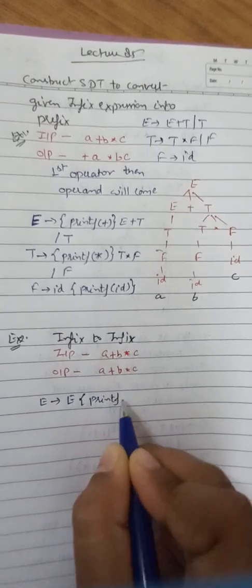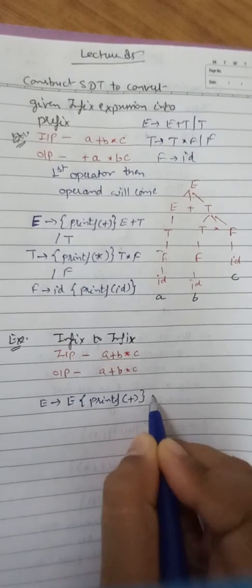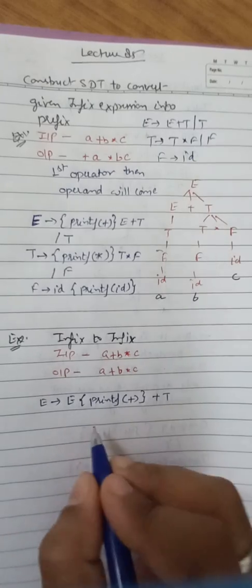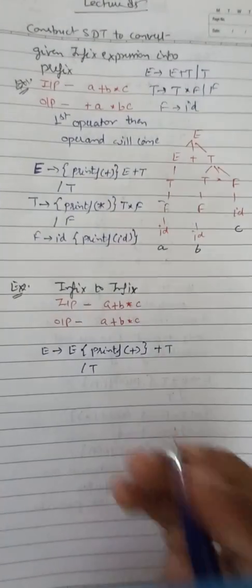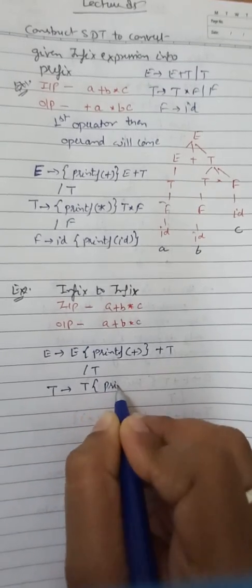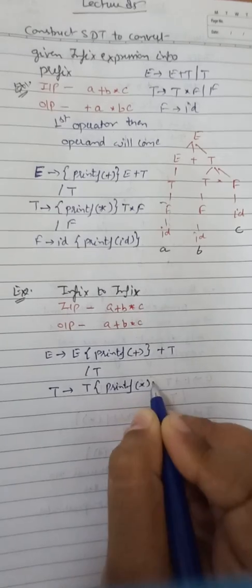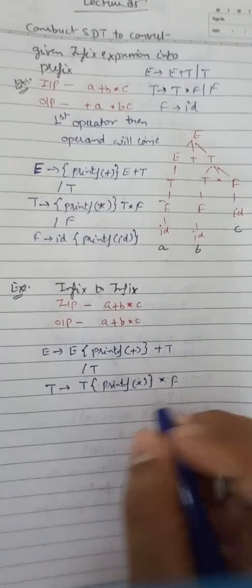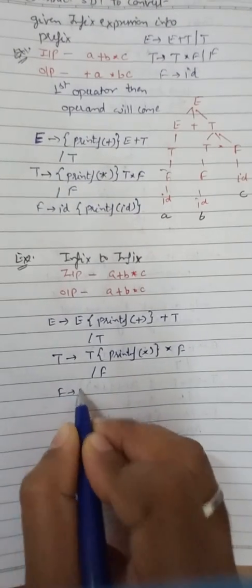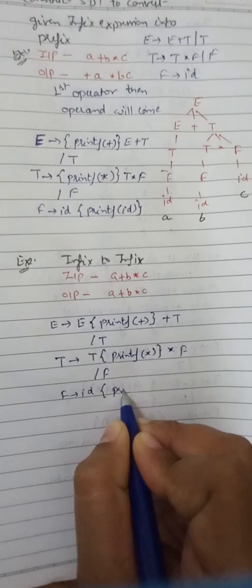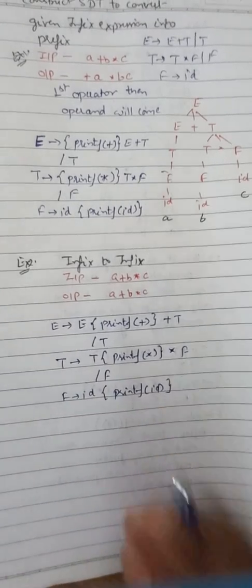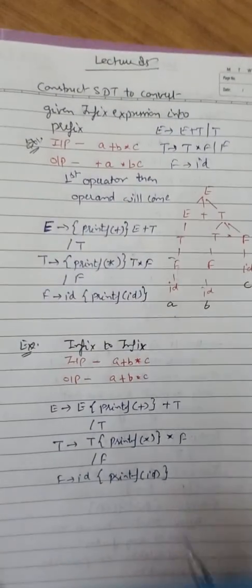Print F plus T, the operator comes between, E plus T oblique T. And for T, T tends to T print F star F oblique F, and F tends to ID will be the same, print F ID. So this is the infix to infix conversion.